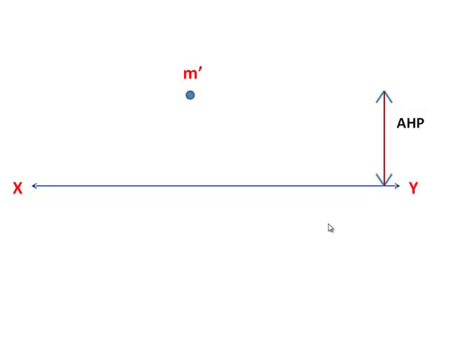They will give the distance above the horizontal plane of the center point of the line, the midpoint of the line, M dash.